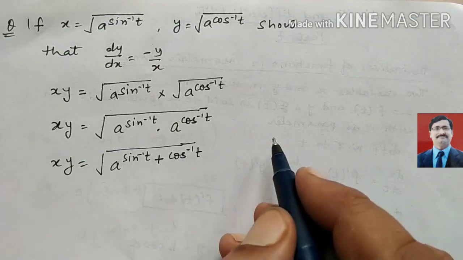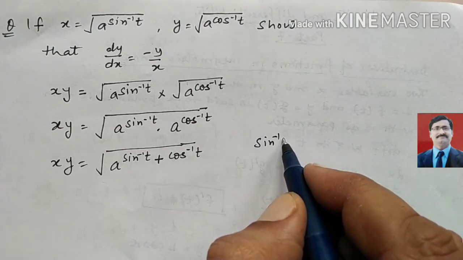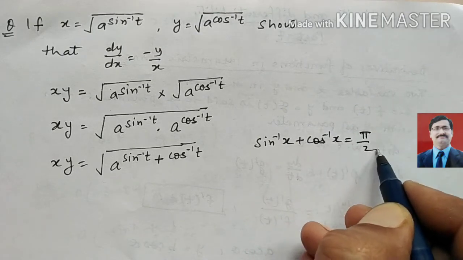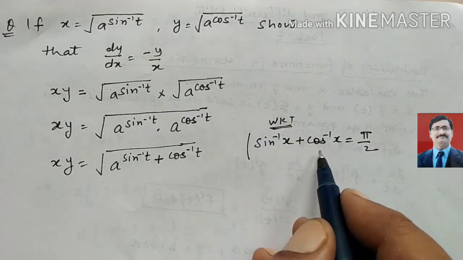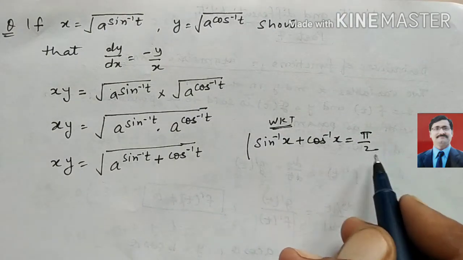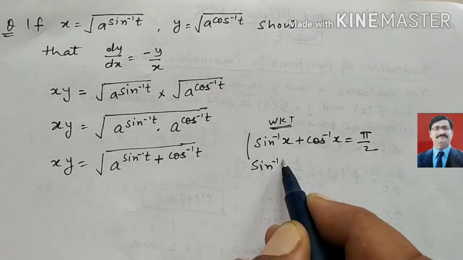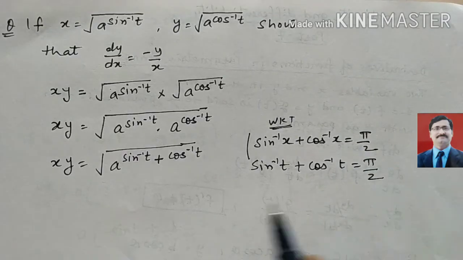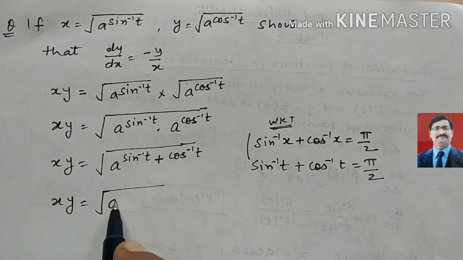Look here, in inverse trigonometry we learned that sin⁻¹ x + cos⁻¹ x = π/2. We know this formula. So sin⁻¹ t + cos⁻¹ t will also be equal to π/2. So you can put this value here, and we get a^(π/2).